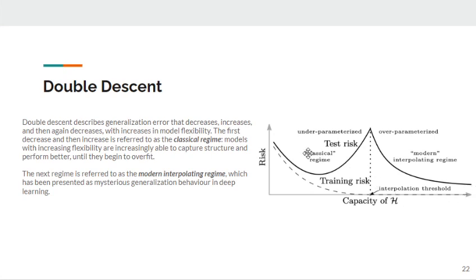The first decrease and then increase is referred to as the classical regime, which are models with increasing flexibility that are increasingly able to capture a structure and perform better until they begin to overfit. The next regime is referred to as the modern interpolating regime, which has been presented as mysterious generalization behavior in deep learning.